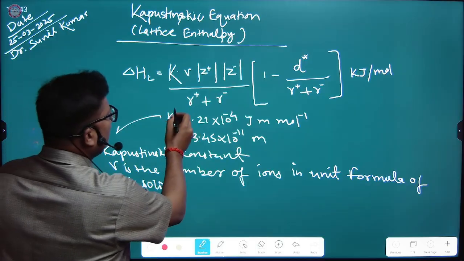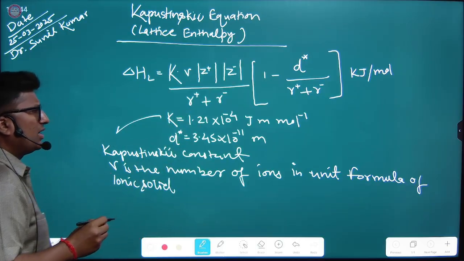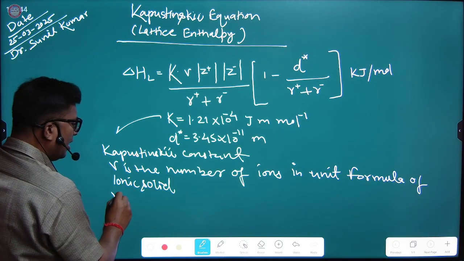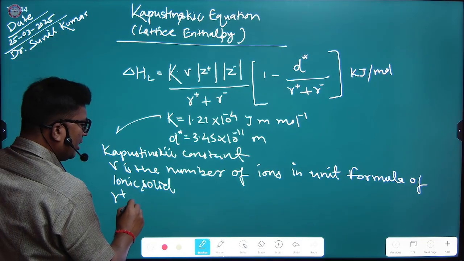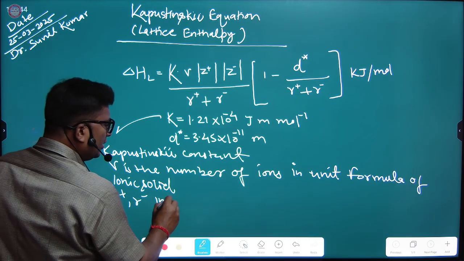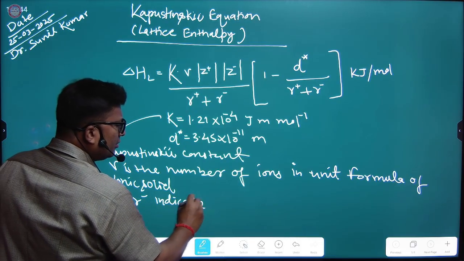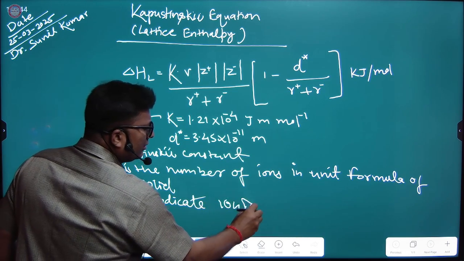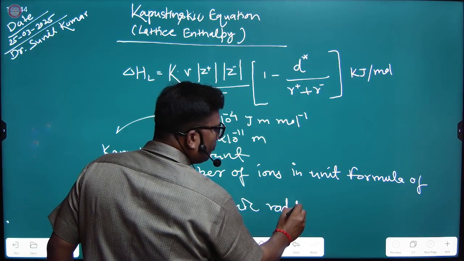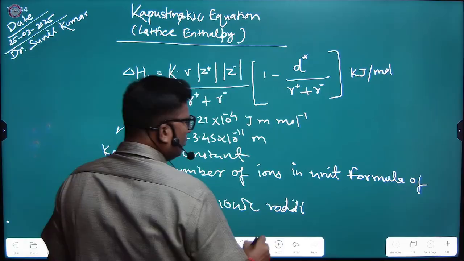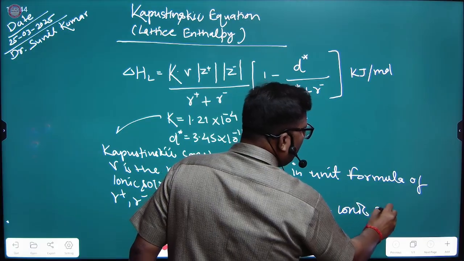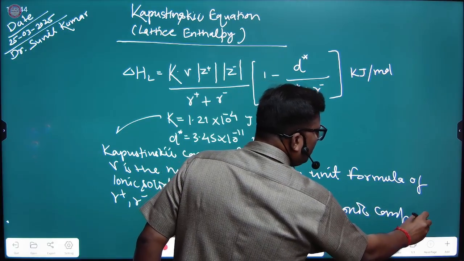So R+ and R- are the ionic radii of the ionic compound, right?